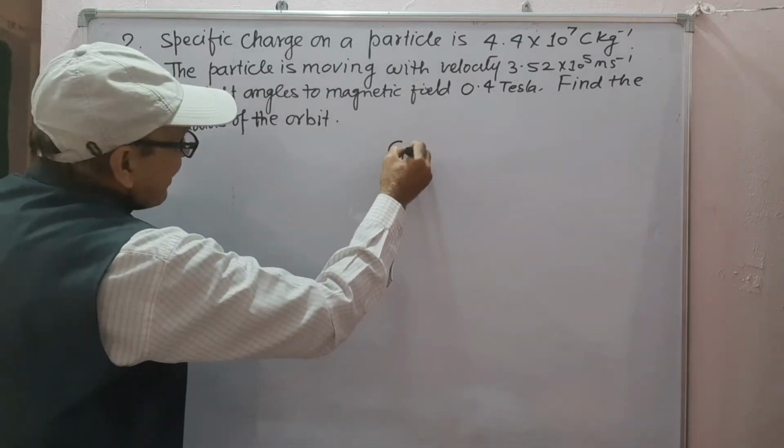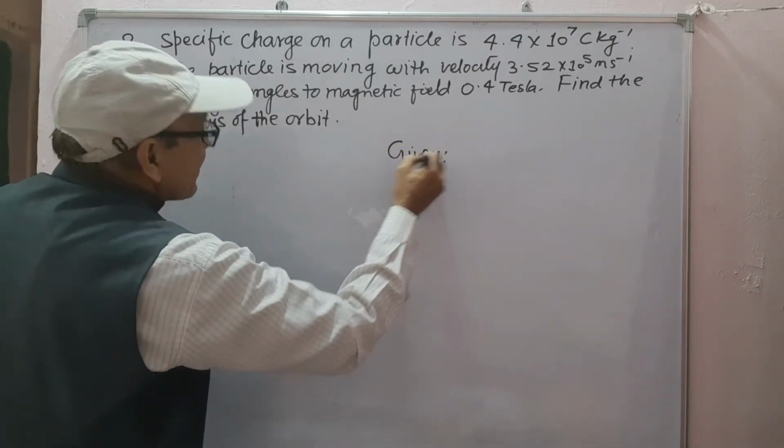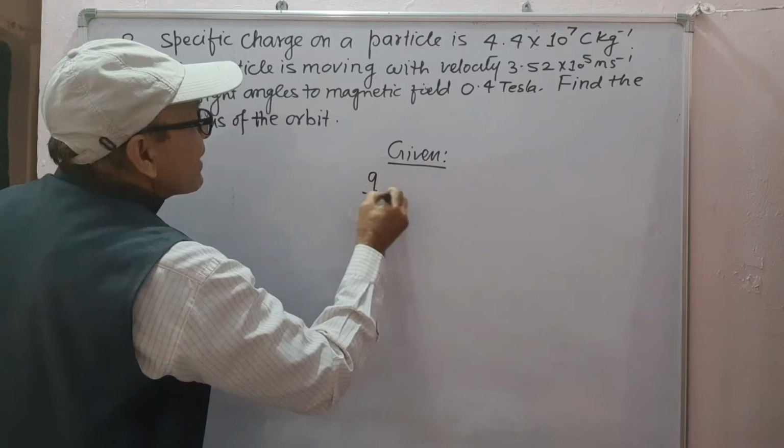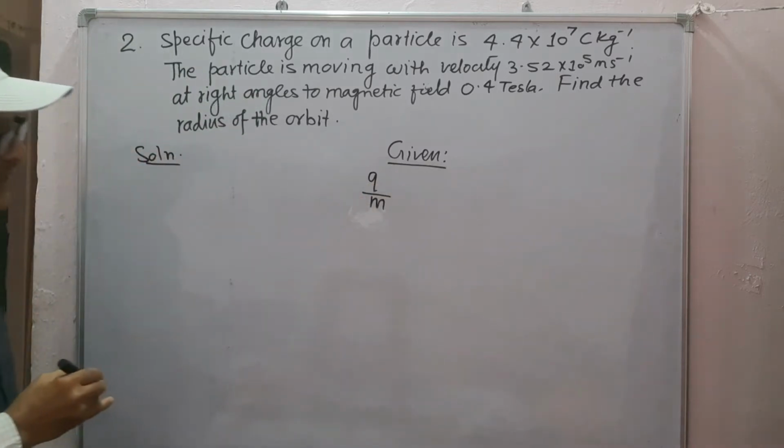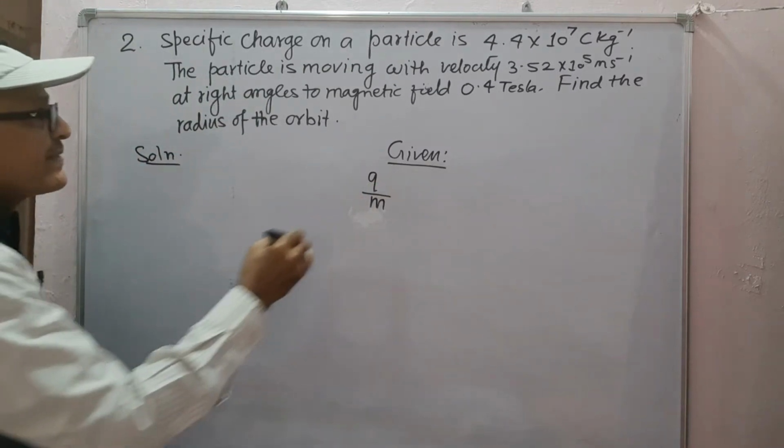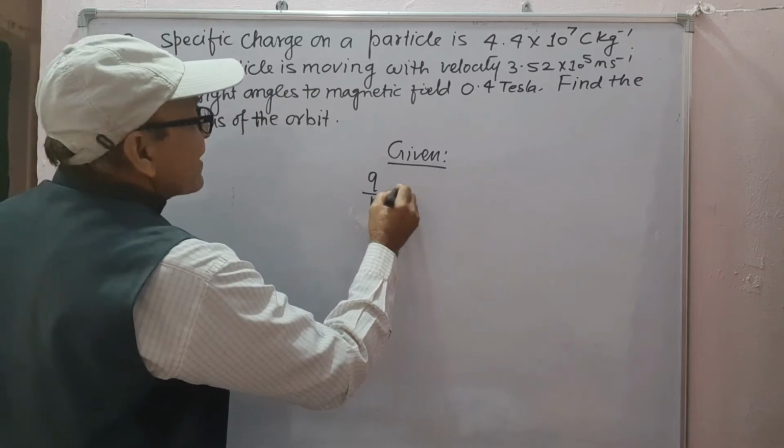Here, specific charge means q upon m. If q is the charge on electron and m is its mass, then its specific charge.